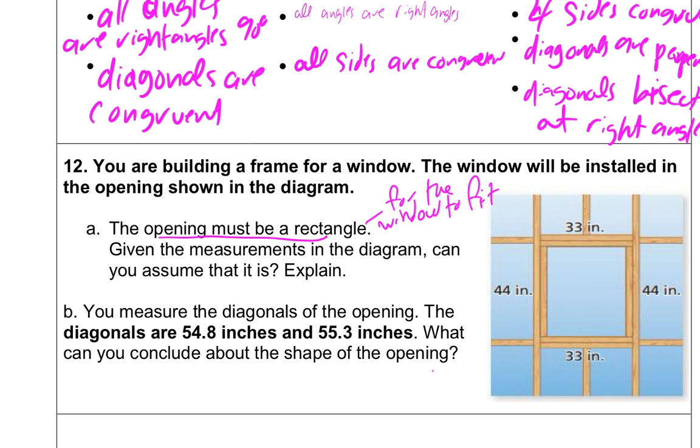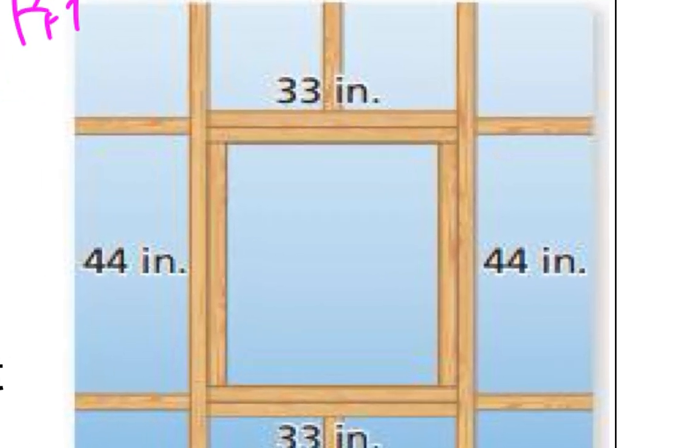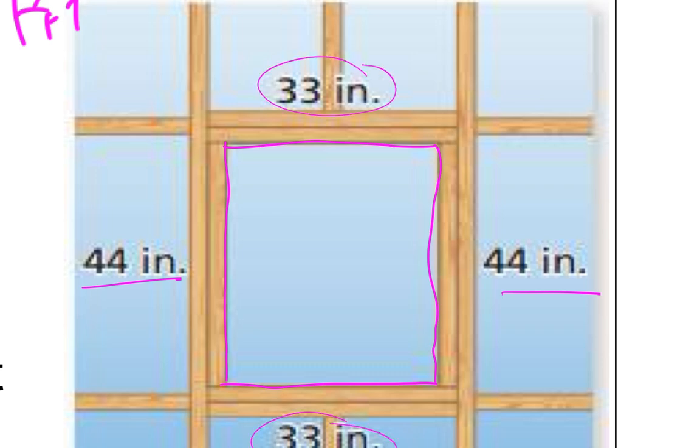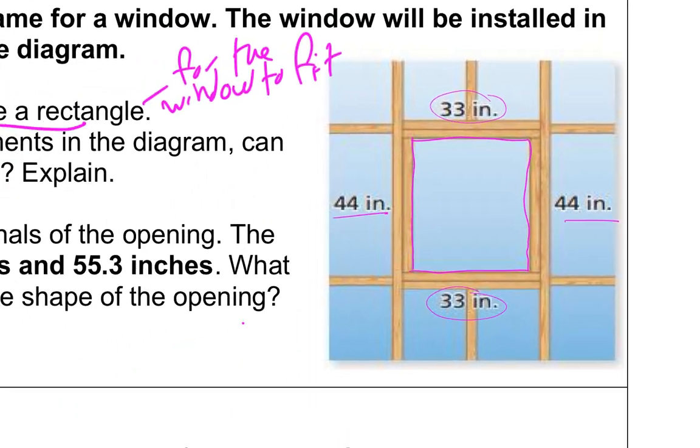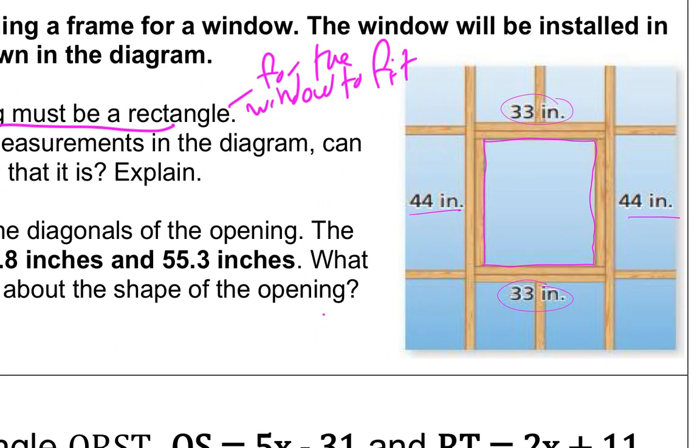Let's look at this. We're asking, is this a rectangle? Well, what do we know? This is 44, this is 44, this is 33, and that's 33. Is that a rectangle? Many would say yes, but we don't know if that's a right angle or not.